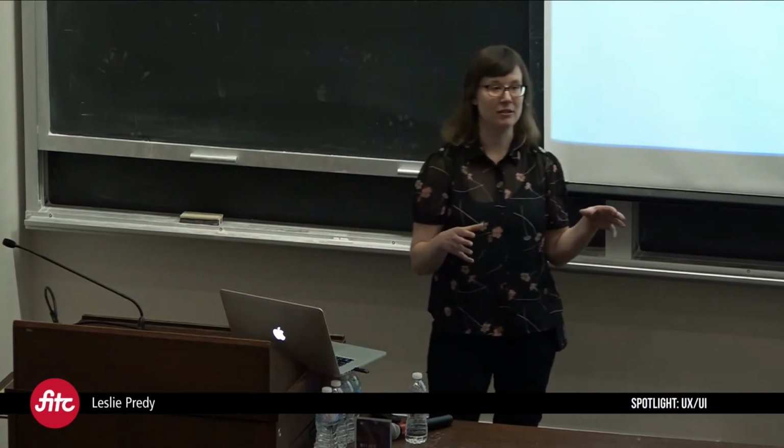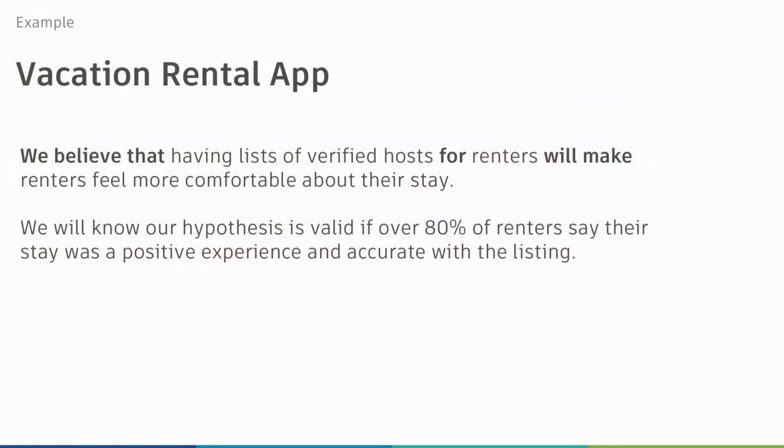For the second one, we'll know our hypothesis is valid if over 80% of renters say their stay was a positive experience and accurate with the listing. Well, for this, you'd probably run a post-booking study or survey, ask people about how they felt about their stay. You can also look at what reviews they would leave on your app. What did they say about the listing?